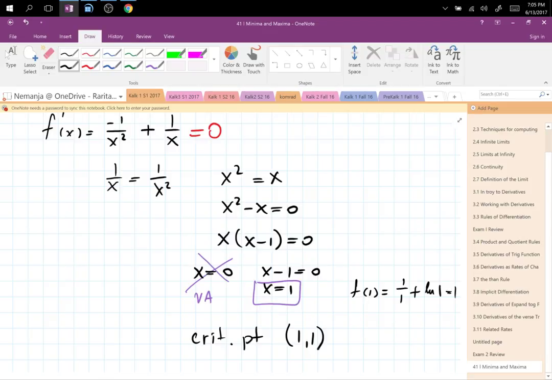Now, how would you know if this (1, 1) is a min or a max? You don't have access to graphing, right? On a test, no graphing calculators. So how do you know whether this is a min or a max?